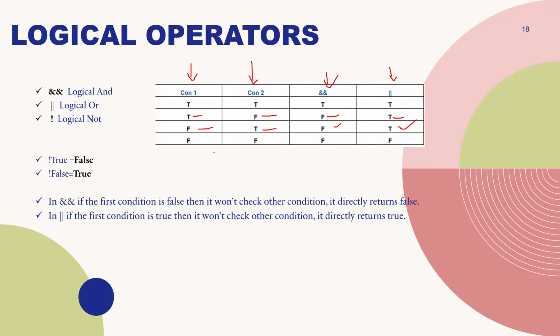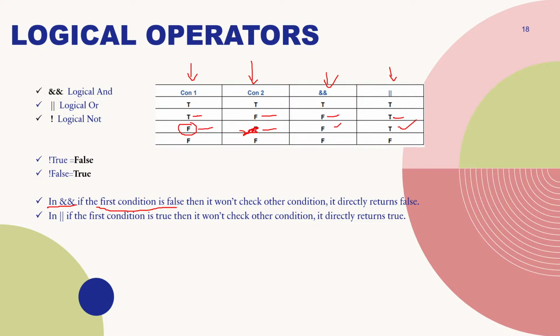Before going to that, let me check. In logical operators, there is one important condition, guys. In the logical AND situation, whenever we are writing logical AND, if the first condition is false, then it won't check the second condition. It won't consider the second condition, whether it is true or not.